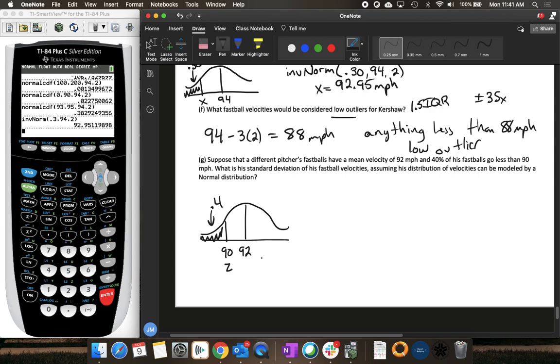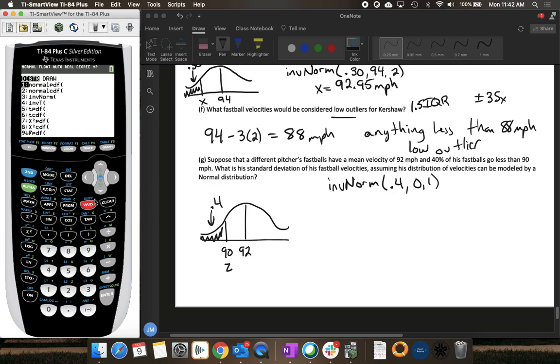The first thing we're going to want to do is find a z-score for 90. We're going to do that using the 0.4 and inverse norm. Area to the left is 0.4. For the mean and standard deviation, even though we know the mean is 92, we don't know the standard deviation, so we're just going to find the standardized z-score using 0 and 1.